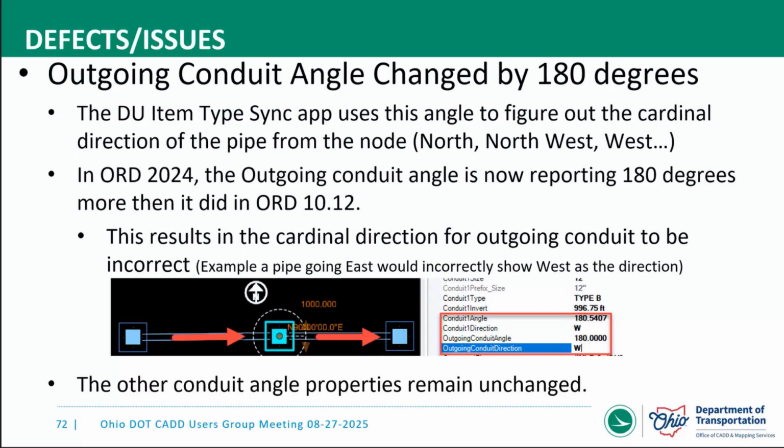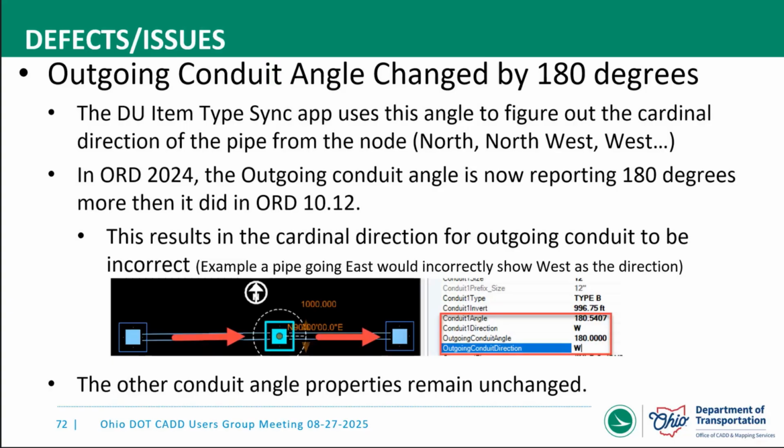So if you look at your stuff now, you're going to notice, like this screenshot example, conduit 1 direction is W for west and outgoing is also W for west. The reason being is both of those angles are showing up as 180 degrees. So I have a ticket in with Bentley on this, and I just need to know which way you're finally going to go.